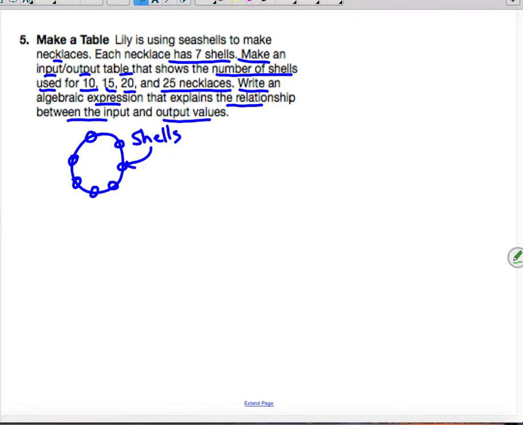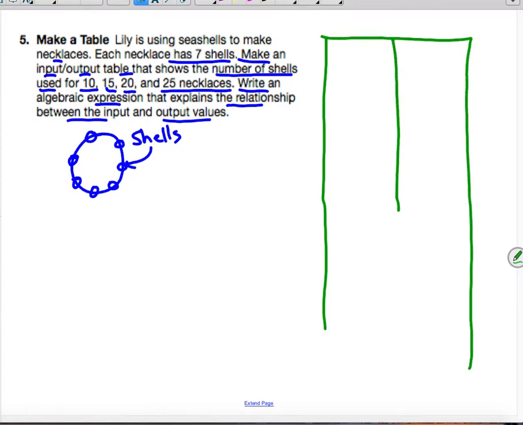So in this case, what you want to do for number 5, okay, is you want to make a table that's going to have an input and an output column. Your first row should be labeled input, okay? And this could also be your necklace column.